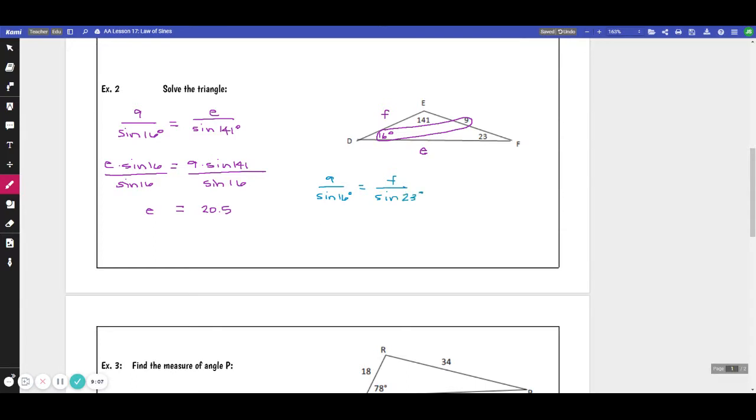So when I cross multiply, F times sine of 16 equals the other diagonal, 9 times sine of 23, and then divide by sine of 16 to get F alone.